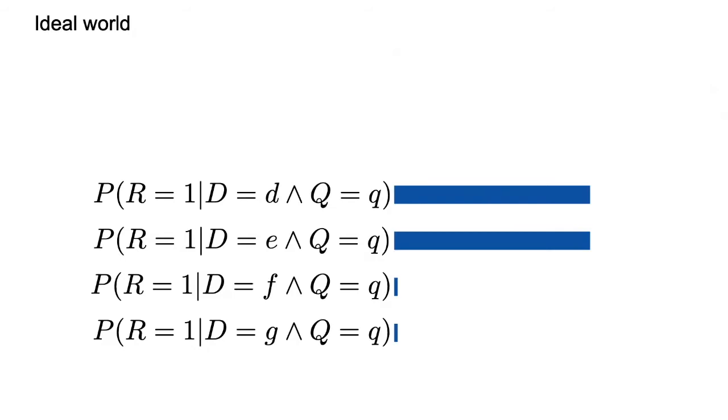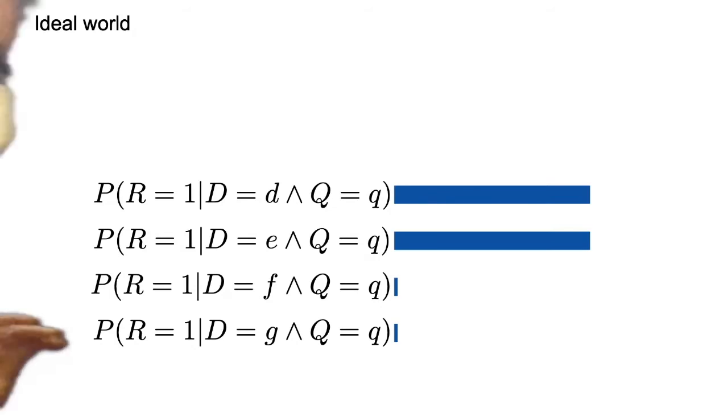So in the best case that there is a consensus in the community, then if I give you a document, so here it's D and Q, they will all agree that D is relevant to Q. Maybe they will all agree that E is relevant to Q. Maybe they will all agree that F is not relevant to Q. And they will all agree that G is not relevant to Q. So this is the case where they all agree there is a consensus.